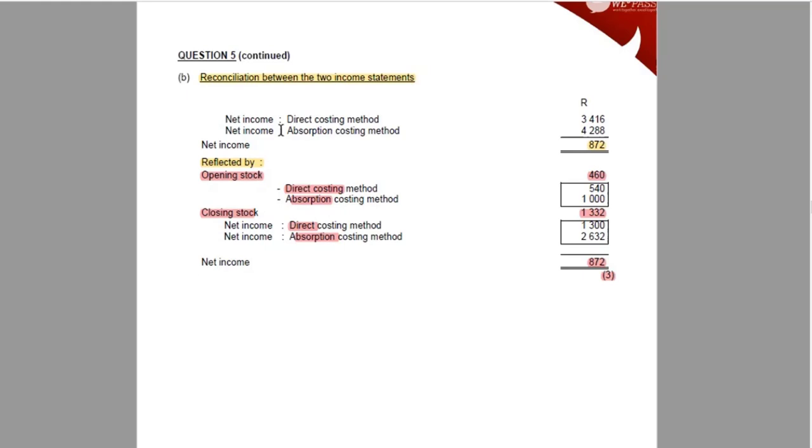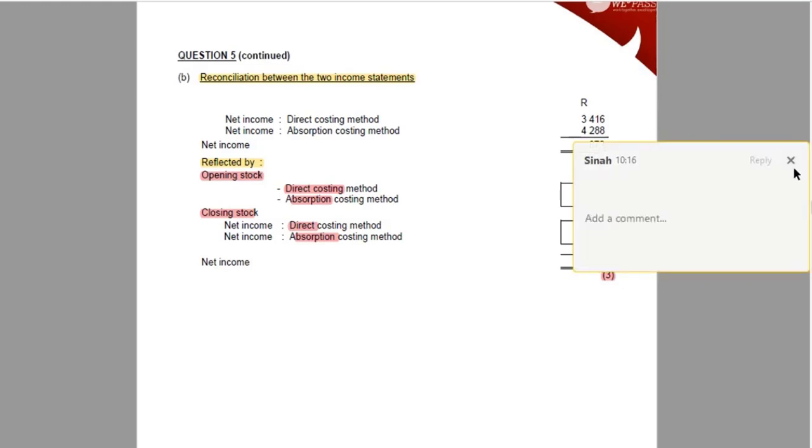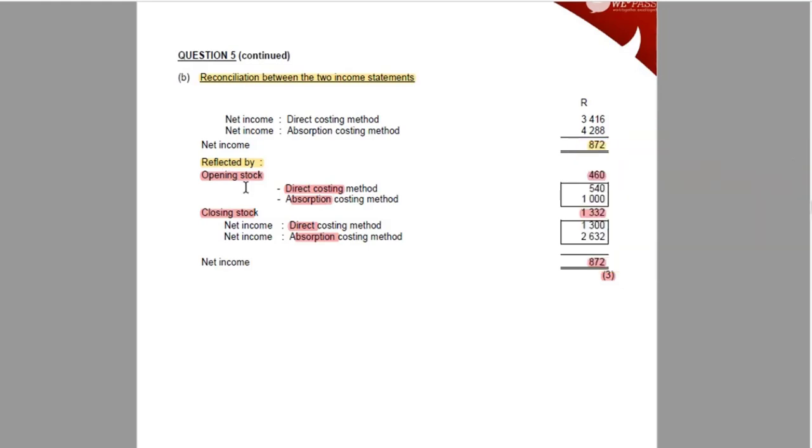Remember, we are just trying to understand why our net income would be different. So show that variance, then always show that it's coming from your opening stock and your closing stock, and show the amounts under both. Then you would have this movement. And remember this movement only comes when you have your opening and your closing stock. If they are not there, your net income would be the same.